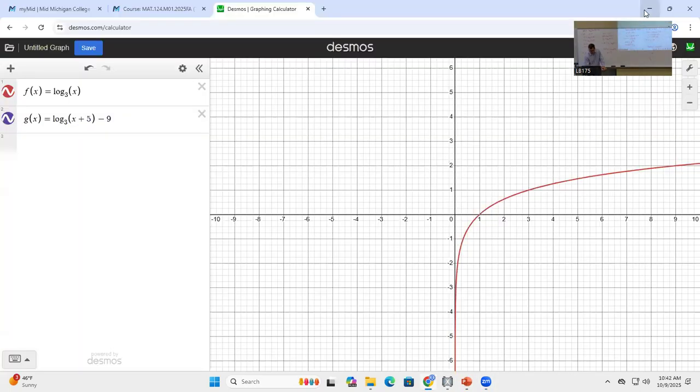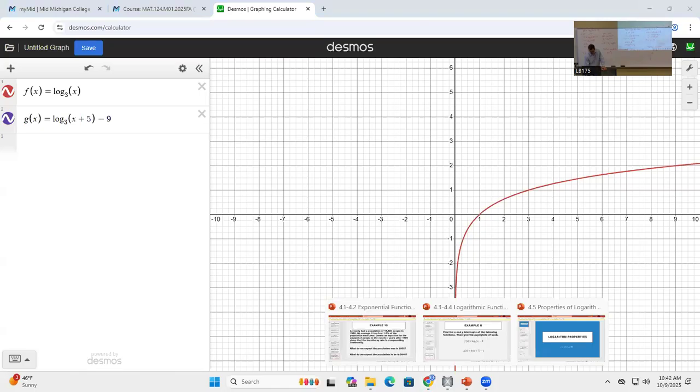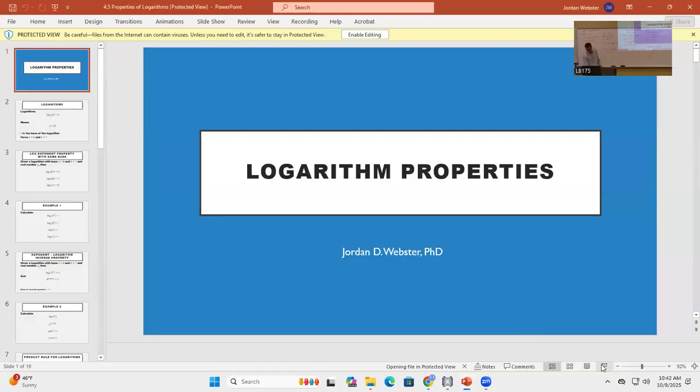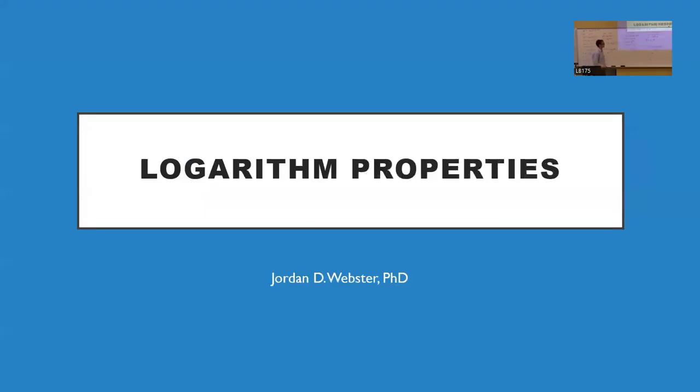Example 8 was the last example, that was on shifts. So that's all of 4.3 and 4.4. 4.3 and 4.4 is about graphing logs, figuring out how they work, what their connection to exponents are.